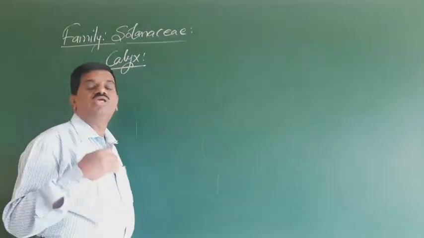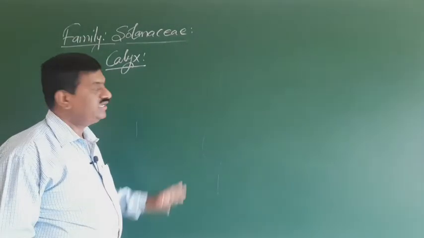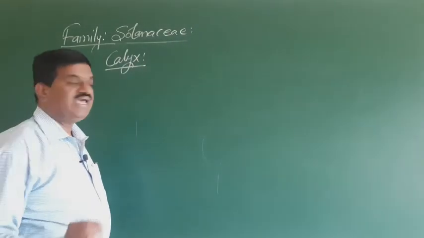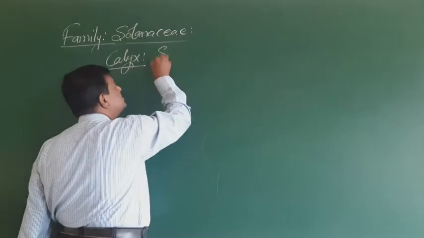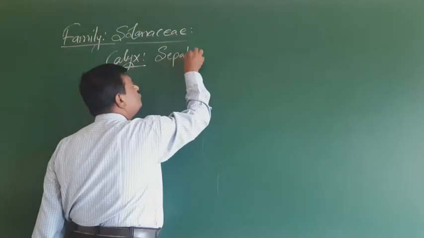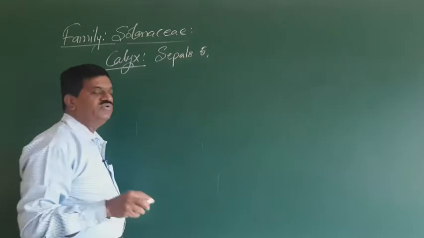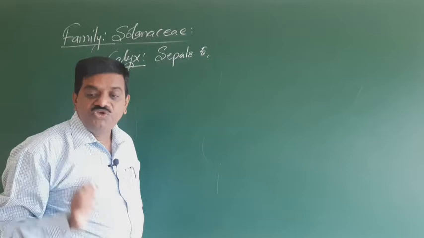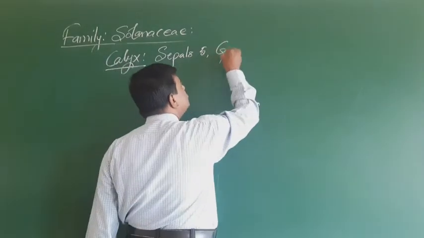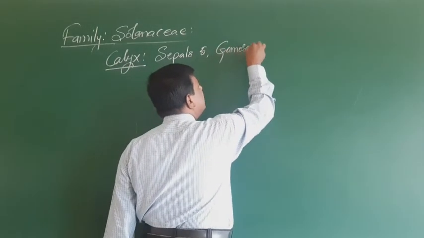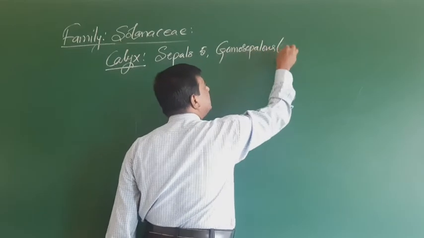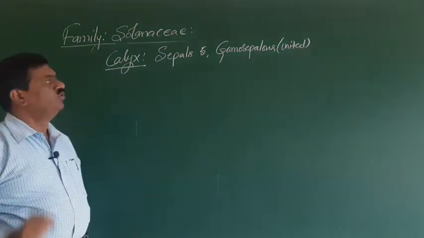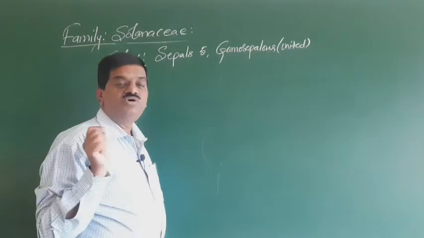So we start with the next one, called calyx. Here all the floral parts, what is there and how it is present, we are going to explain one after the other. The first one is calyx. In Solanaceae, sepals are 5, and these sepals are fused or united, so we use the word gamosepalous.